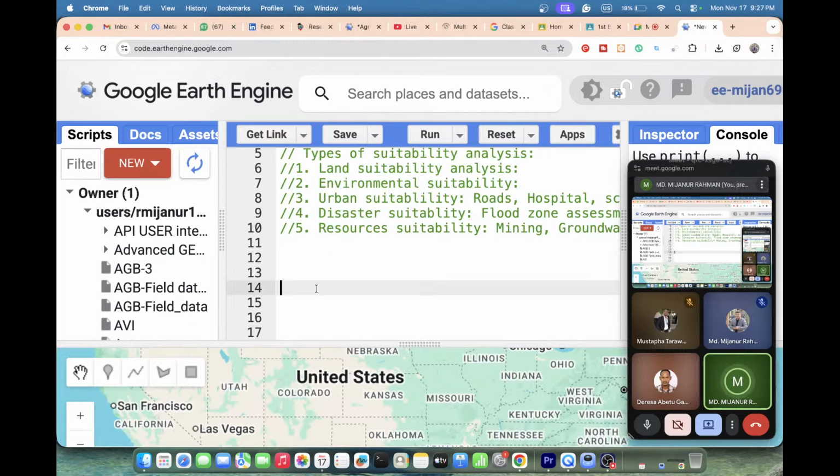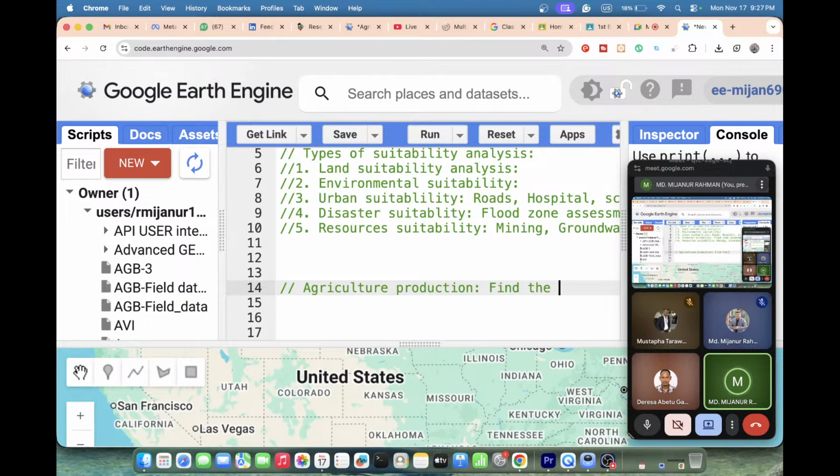Suppose I want to identify an agriculture production area. Which types of factors do I need to consider? Suppose I find the best land where I can carry out agriculture production.